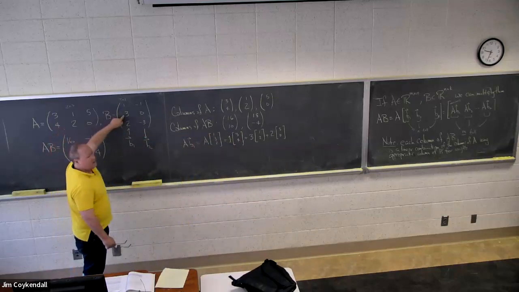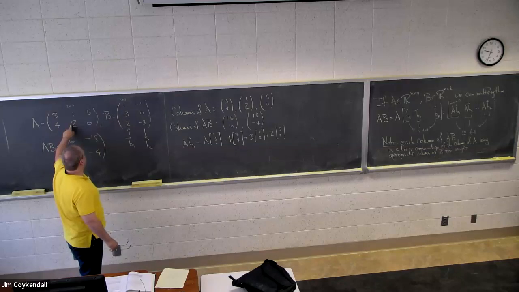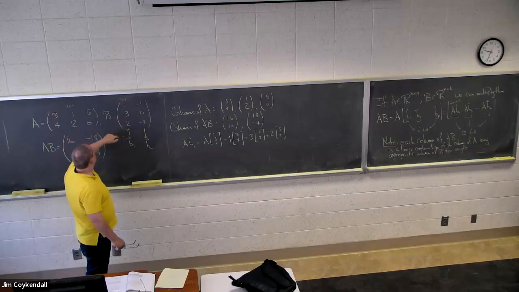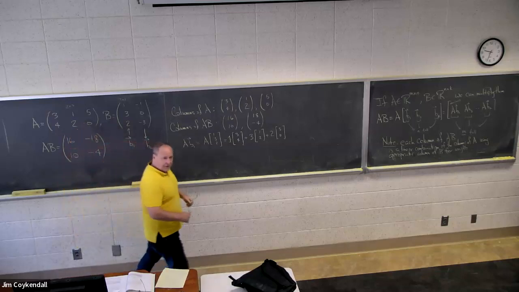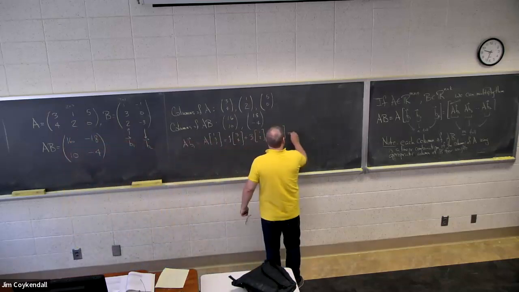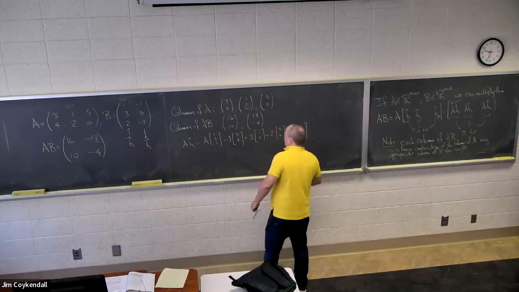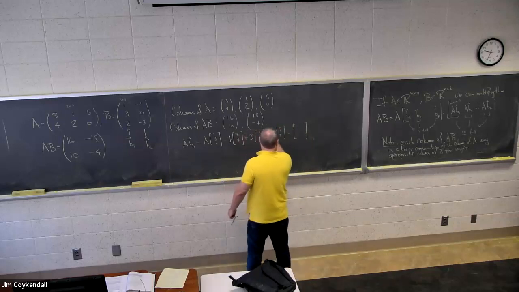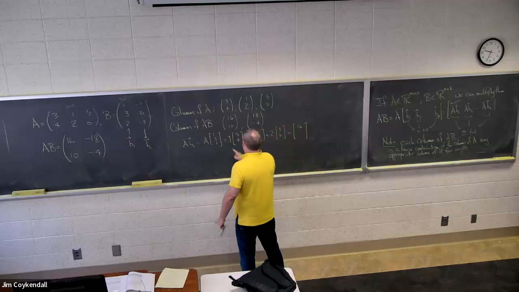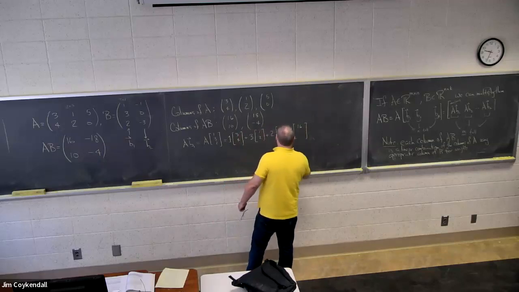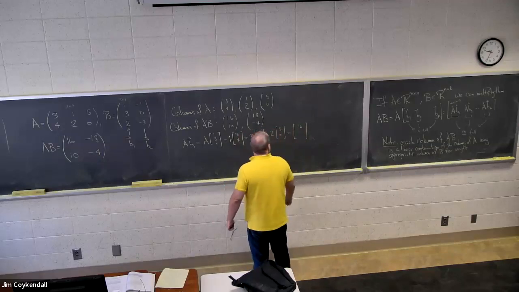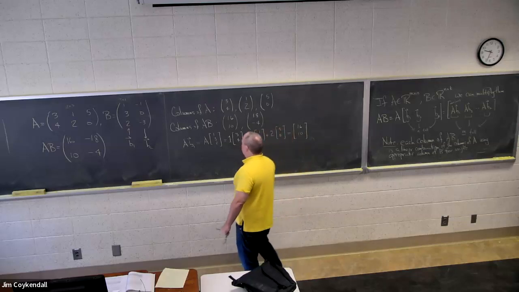And then it's going to be 3, the second weight, times the second column, and then 2 times the last column. And let's make sure that this comes out the way it should. This is the vector: 3 and 3 is 6, and 10 is 16. This is 4 and 6 is 10. There we go.